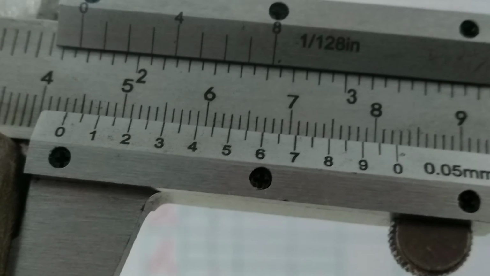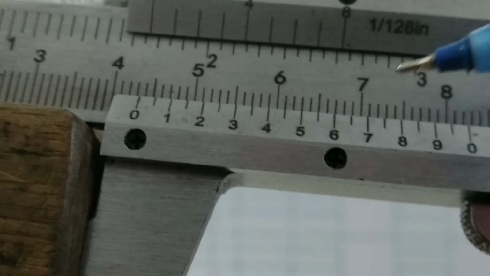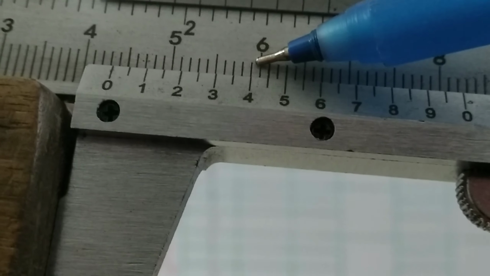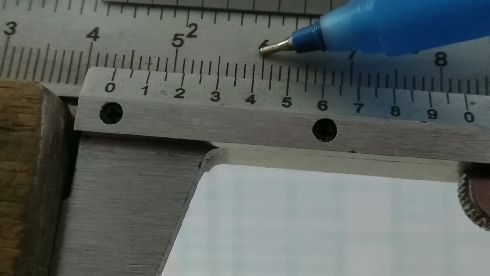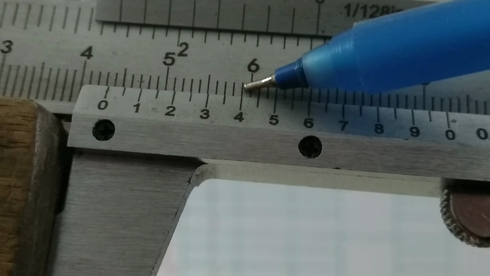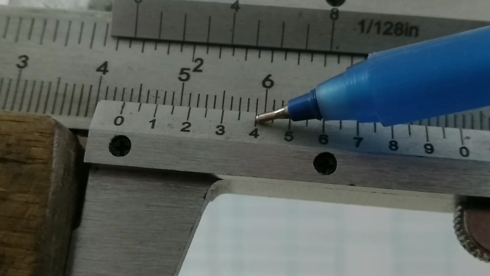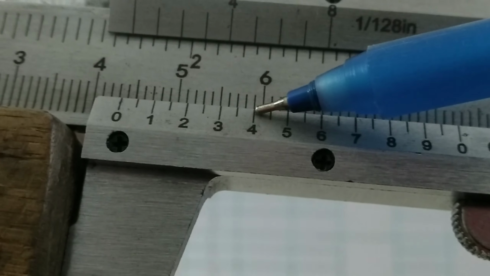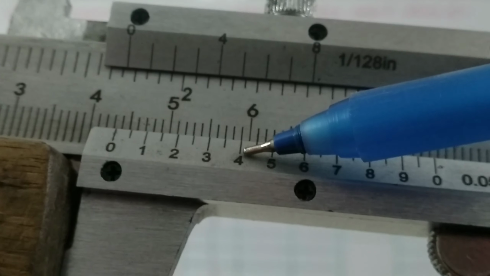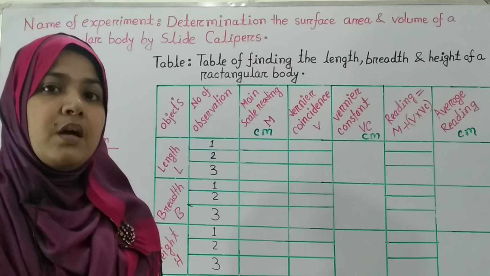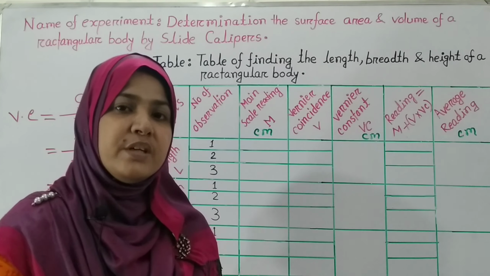Now we can see that the vernier scale's 4 is making a straight line along the main scale. So this is the reading of vernier coincidence, sometimes known as vernier superimposition. Here 4 means 8.